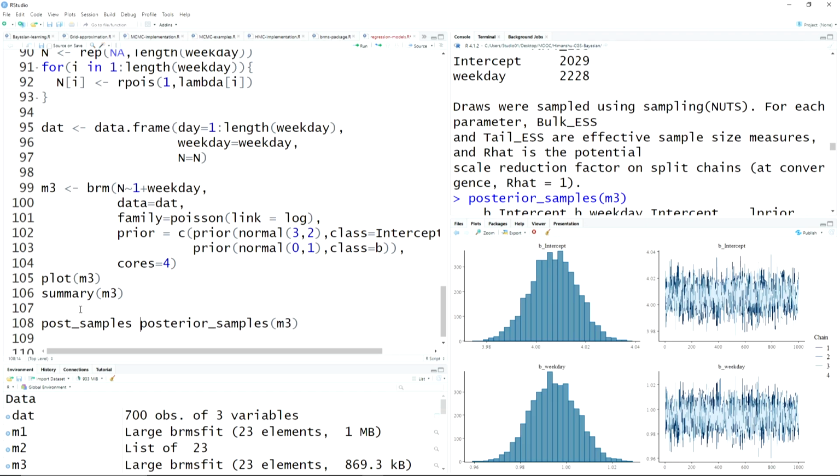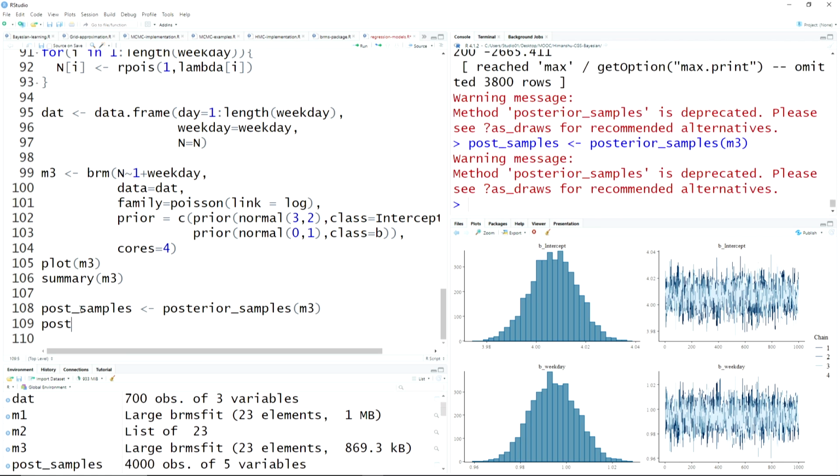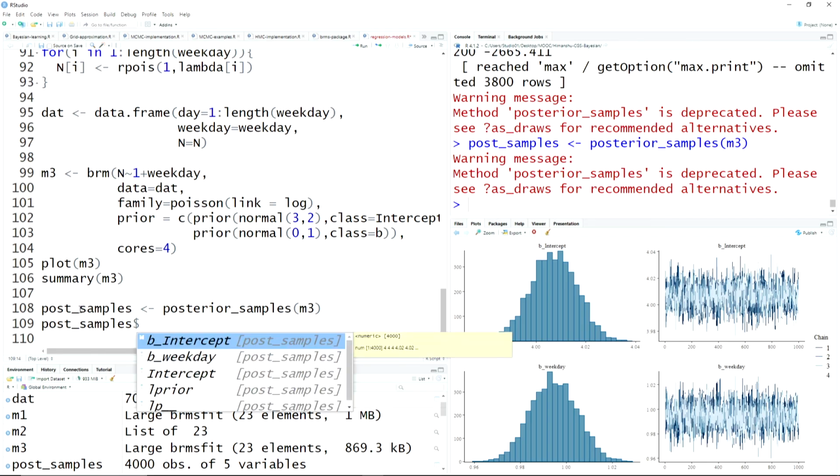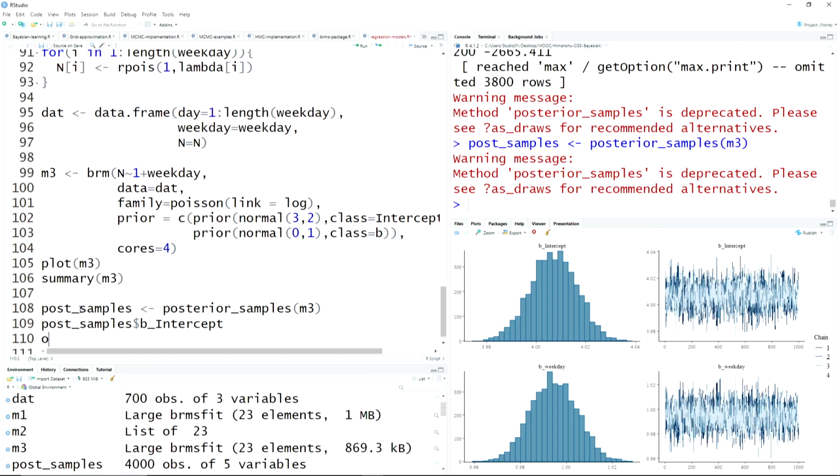You are interested in the estimates of alpha and beta. This is the estimate of alpha, and this is the estimate of beta. What am I going to do with alpha and beta? I will apply this.